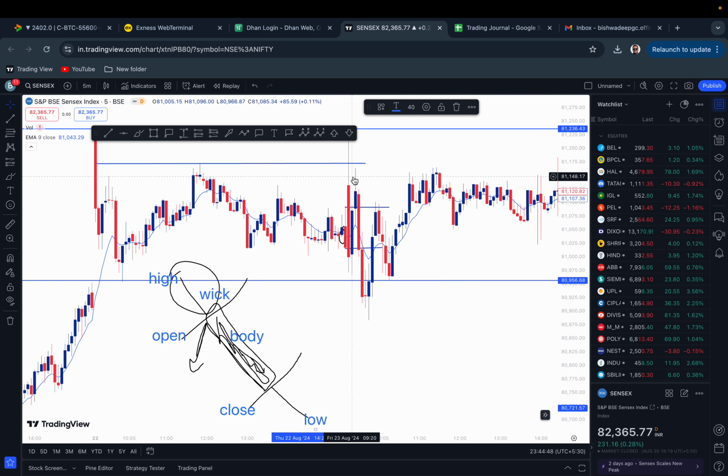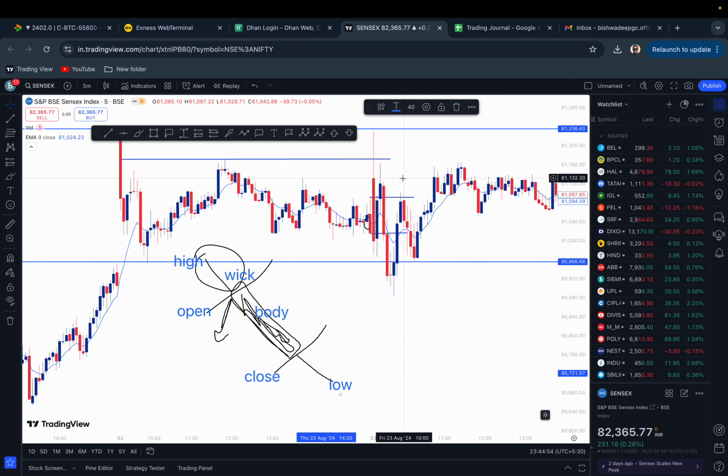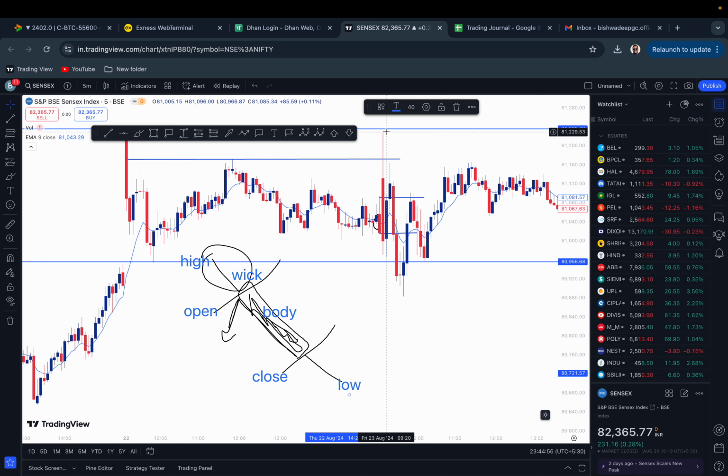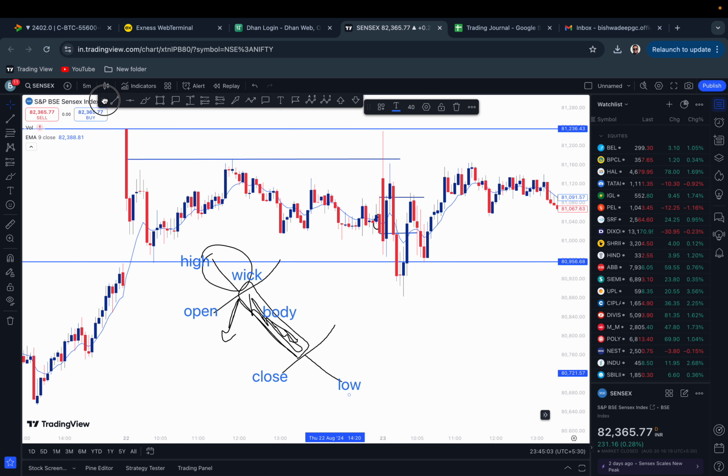So the candlestick that formed at 9:15 a.m. on 23rd of August, this is the candle that formed. This is the long wick. The high was at this point. So let me show you the high. So it was the previous day's high that it touched at 81,237.